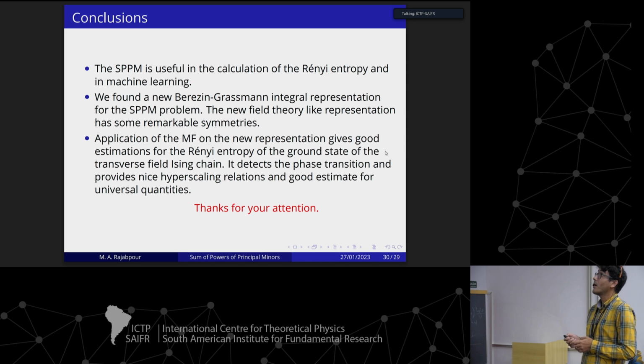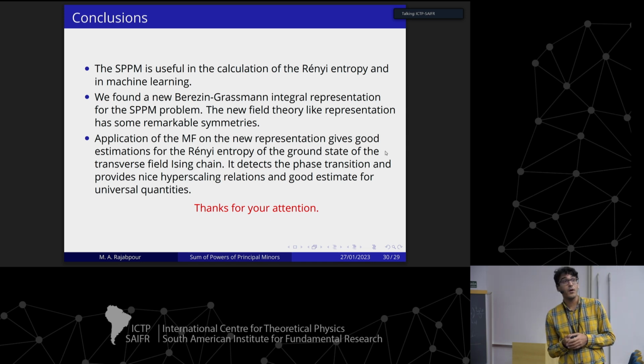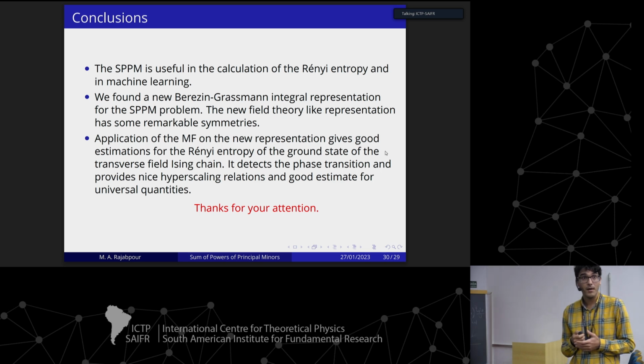The other one, I don't know how useful it will be for the problem of the Hubbard model, but the partition function of the Hubbard model is actually an SPPM problem, and also certain problems in machine learning. Then, this problem has a Berezin-Grassmann integral representation, which one can use to do a bunch of different kinds of approximations and estimations of this problem.